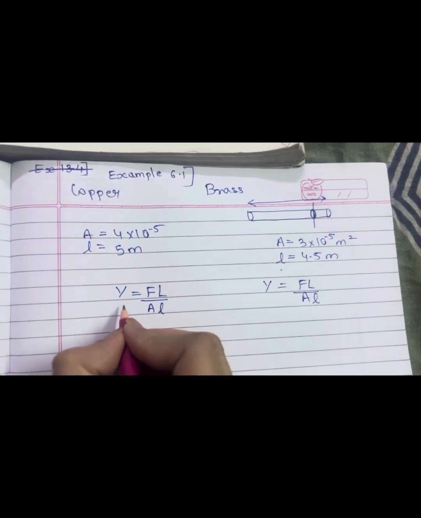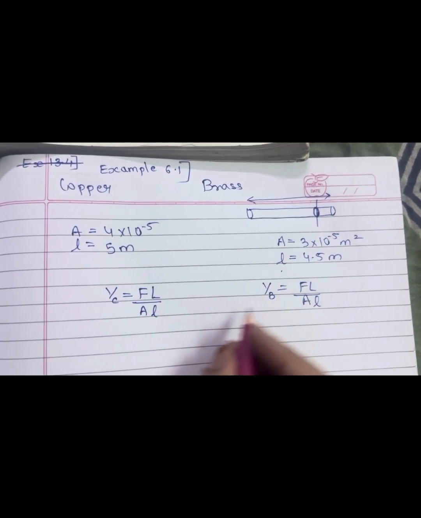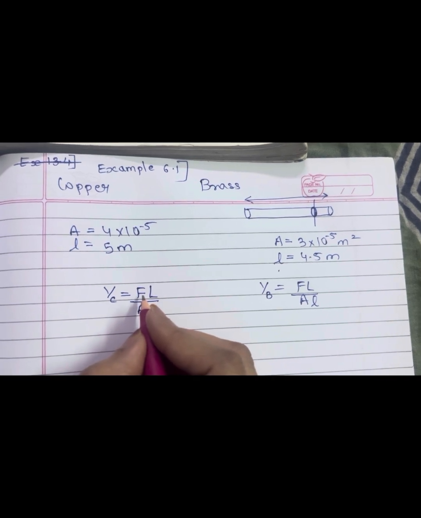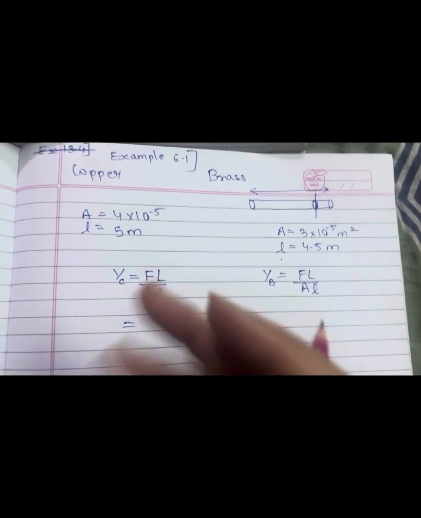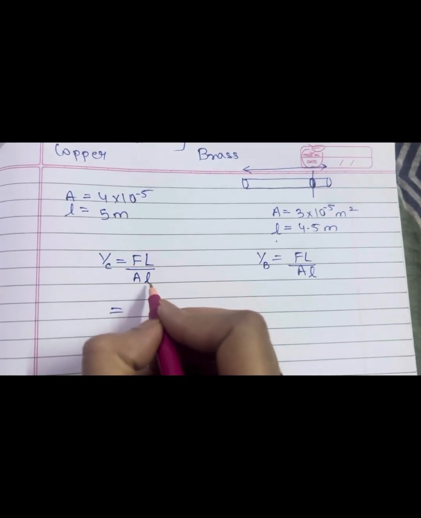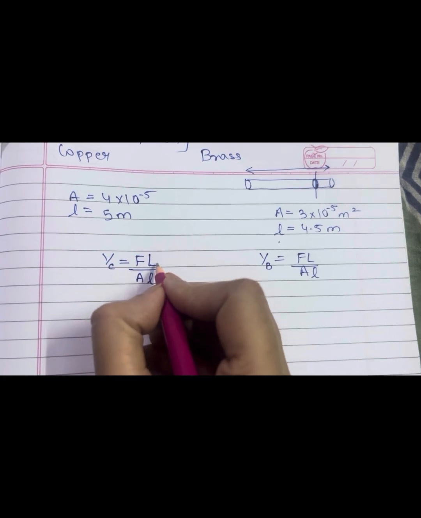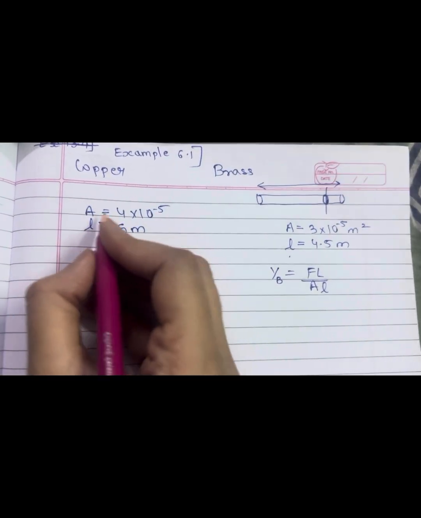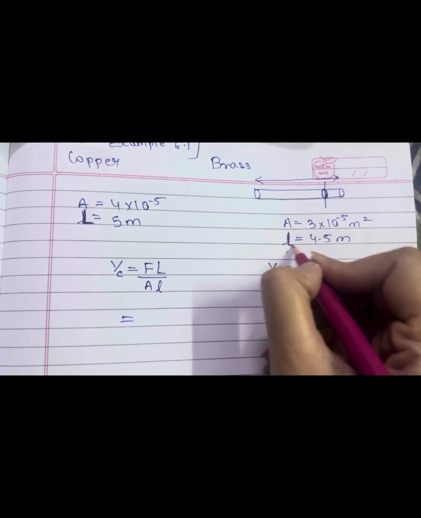Okay. Now since this is for copper wire, I'll write C in the subscript and here I'll write B in the subscript. Since we have applied same load, that is force, weight applied, and elongation is also same for both the wires. So here the length of the wire will be capital L, that is the original length.